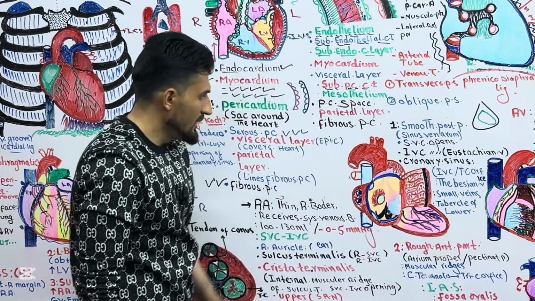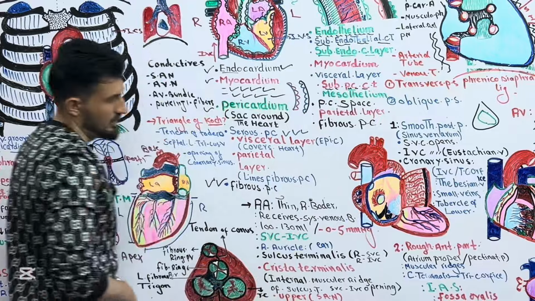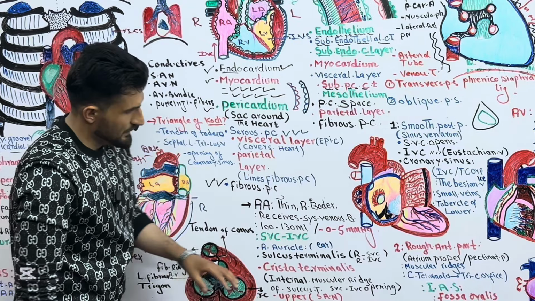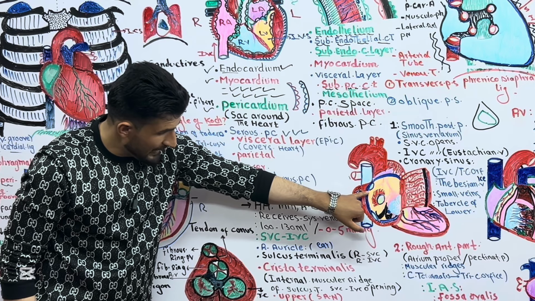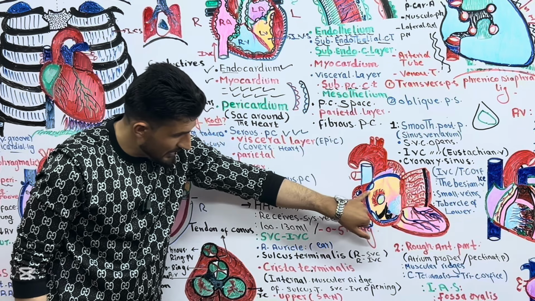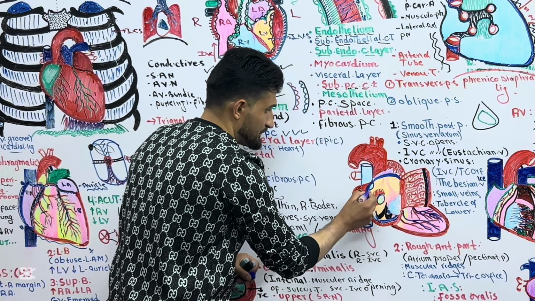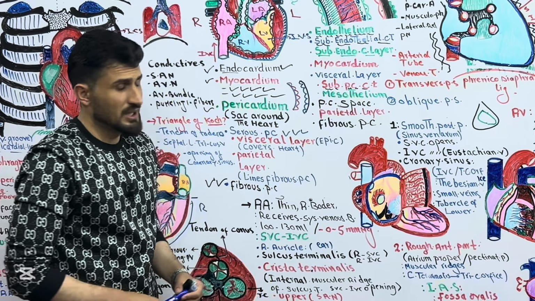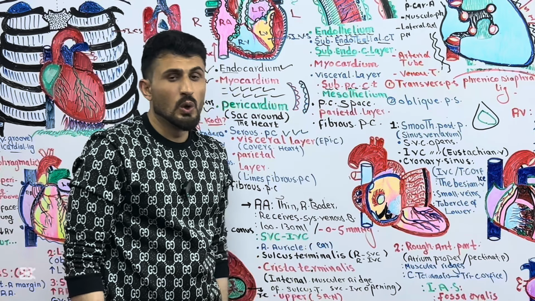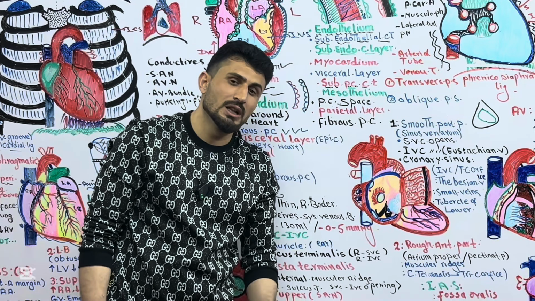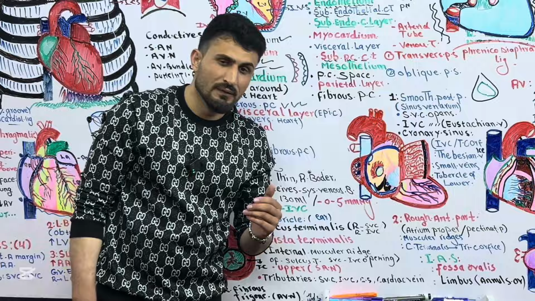Now let's talk about each part of this one by one. First of all, in this smooth part, at the upper end of the crista terminalis, we have a specialized myocardium, which is called the SA node or sinoatrial node, that we will talk about under the conductive system of the heart.